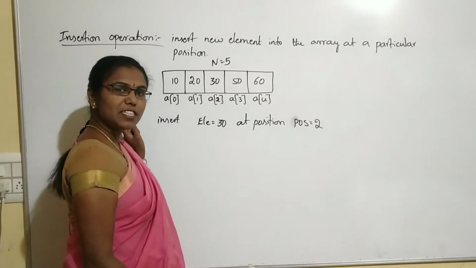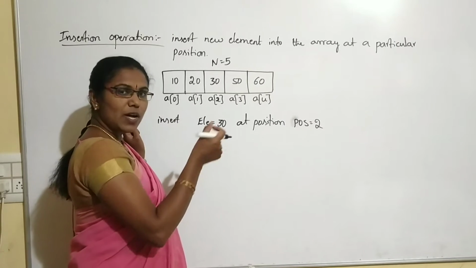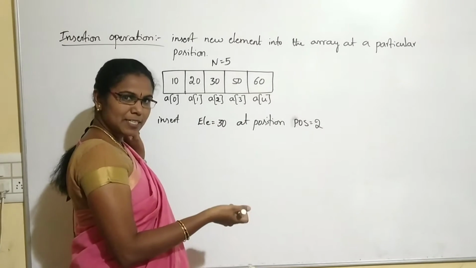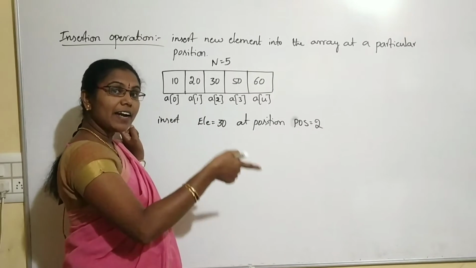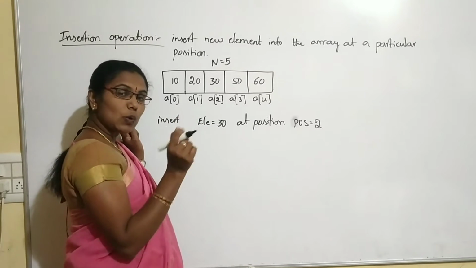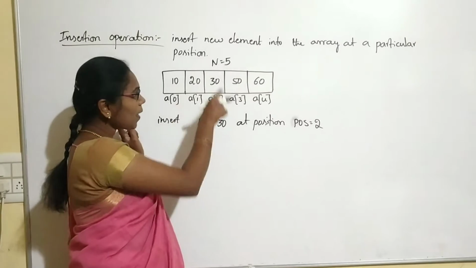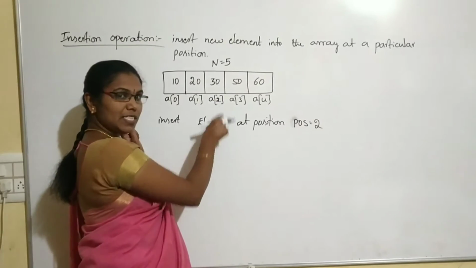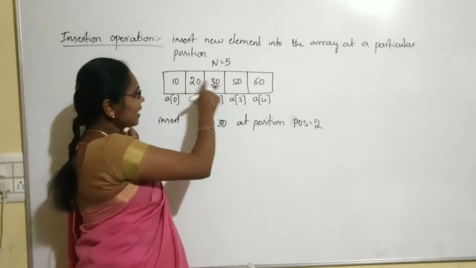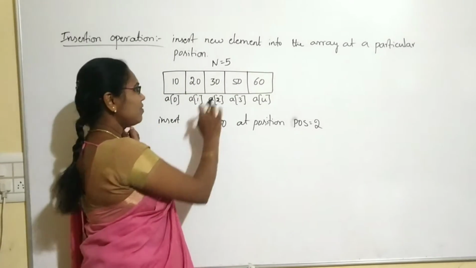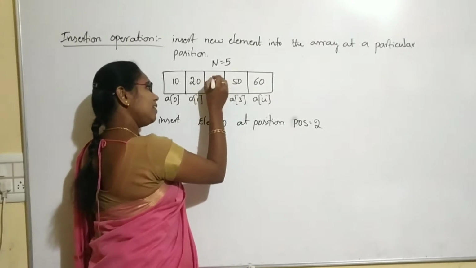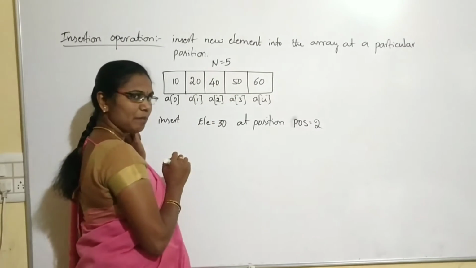Once we insert the new element, the array should have 6 elements, because the existing array has 5 elements and we are adding one more. But here 30 replaces 40, so the array still has 5 elements. That's why we lost one element, and that's why we are not directly inserting the element at the position.